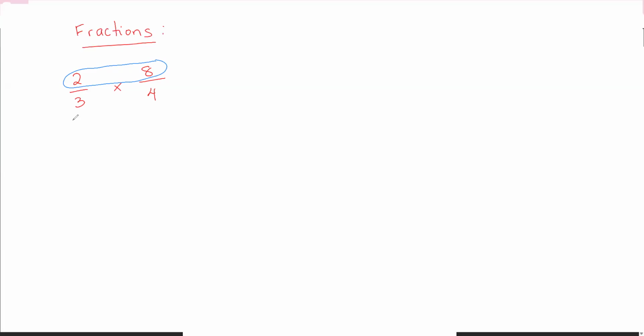Now you could only break down numerator into denominator, or denominator into numerator. So you could break down up and down, but never across, right? So you're going to look at your numerators and see if there are any numbers in the denominator that you can use to break down.